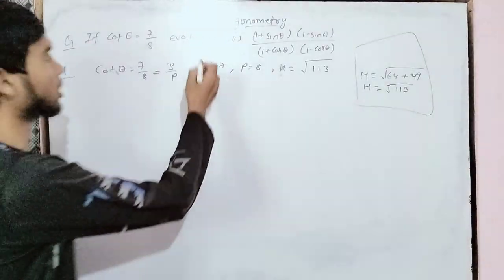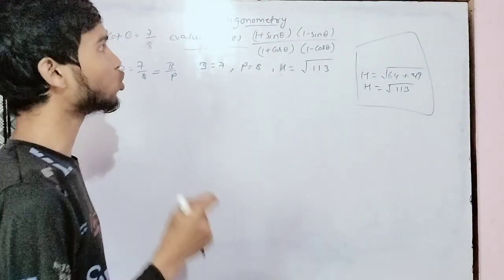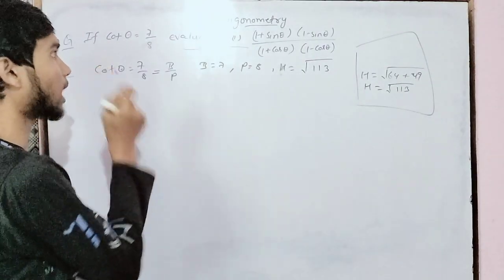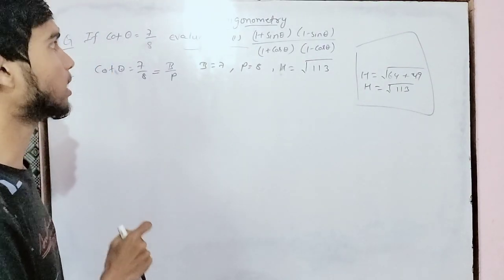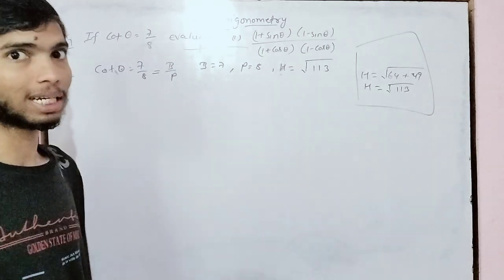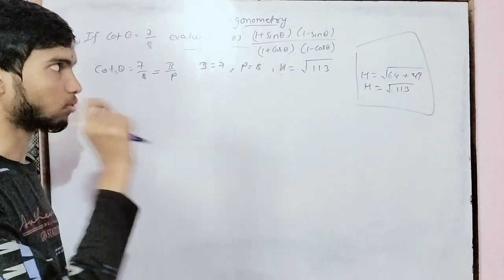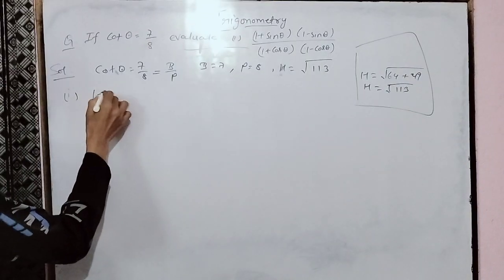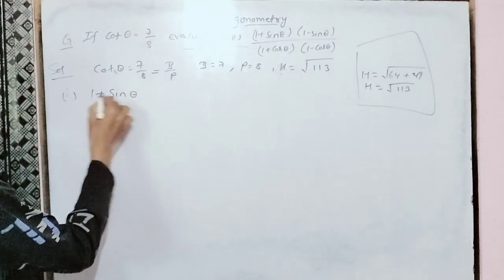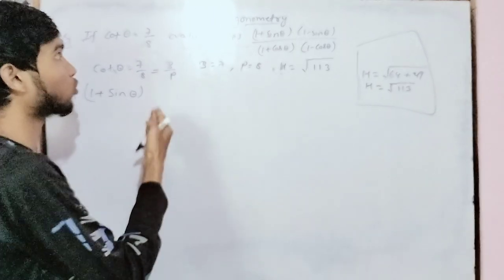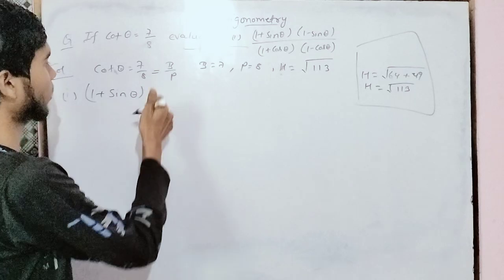Now next, read this. It is telling you to substitute the value of sin theta, then simplify it, and whatever you get logically, that will be your answer. So we have 1 plus sin theta. Here we will apply something else apart from the formulas of trigonometry.